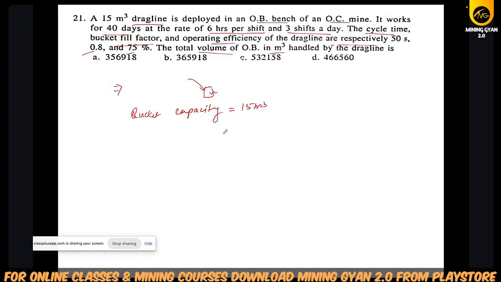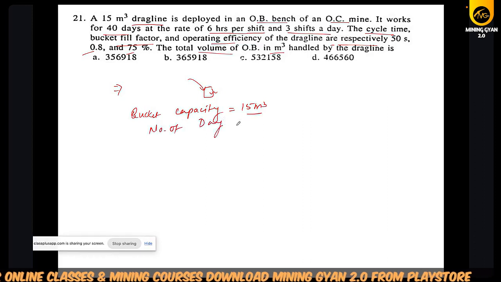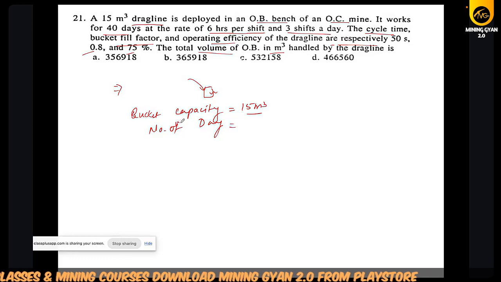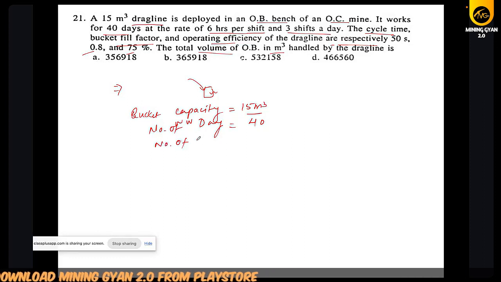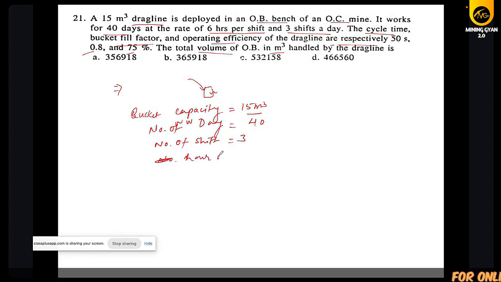Then the number of working days will be 40 days, and the number of shifts they have given us is three shifts. The number of hours of working: 6 hours per shift.